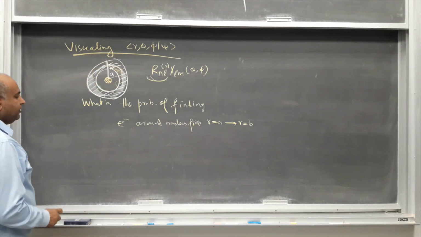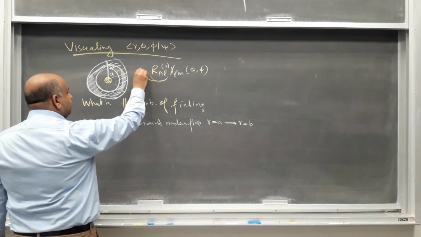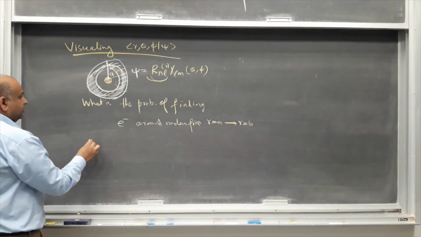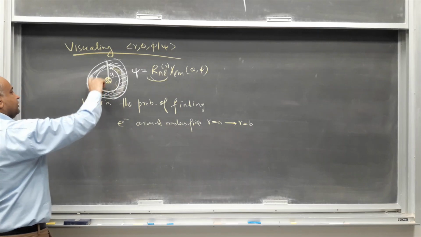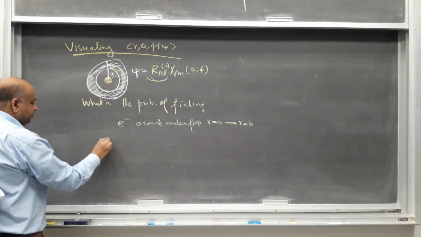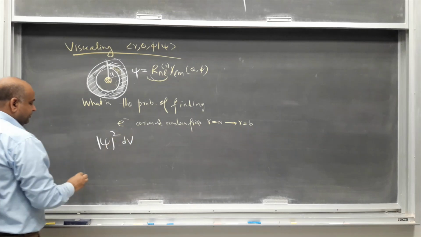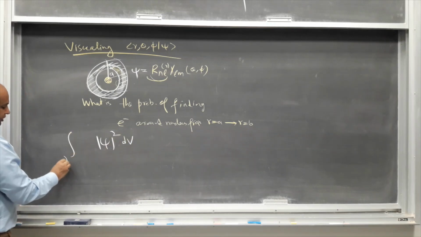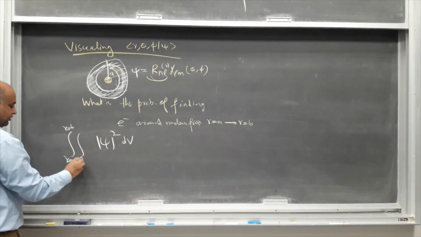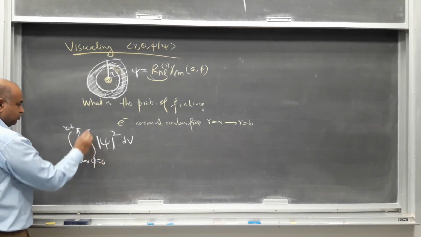To do that, I not only have to focus on this, but always have to remember that my wave function is all of this. And this region has the full range of theta and the full range of phi. So this probability would be psi squared times the volume element, and my integration over r would be from r equal to a to r equal to b, integration over theta would be 0 to pi, and integration over phi would be 0 to 2 pi.